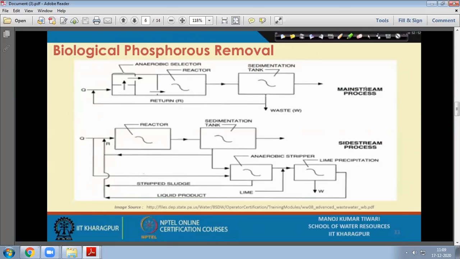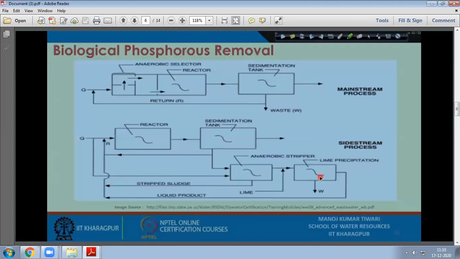This is the mainstream process, but with it some sidestream process they will also practice. They add chemicals, like coagulants, lime, just like cement bags. Because of that more sludge will be collected, more organics can be removed, and phosphorus also we can remove.